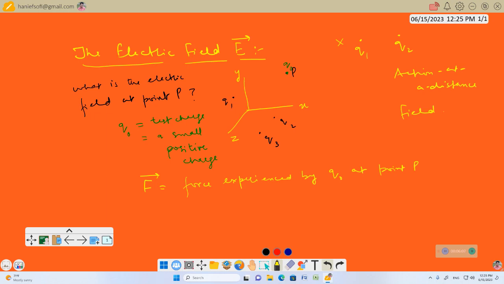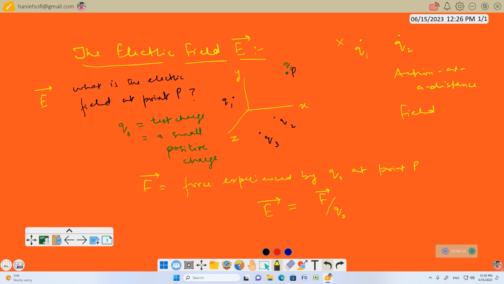So if F is the force experienced by test charge Q naught at point P, then let E be the electric field at point P. By definition, the electric field at point P is the force experienced by the test charge at point P divided by the test charge.